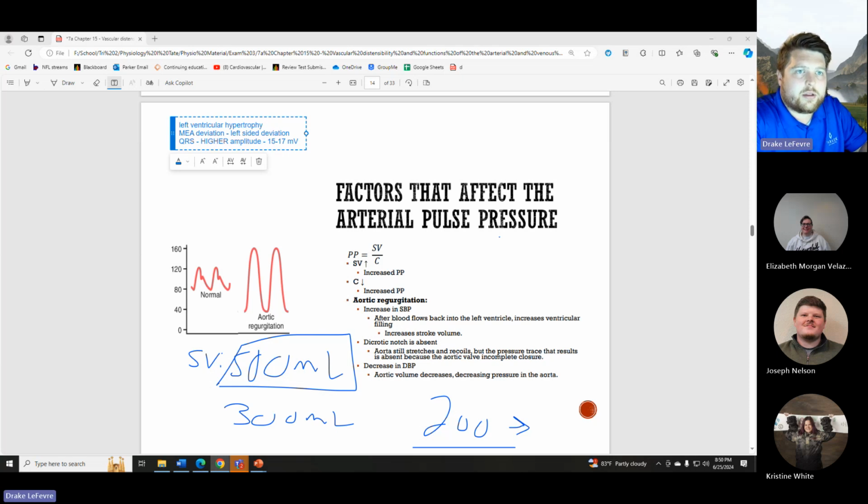How many little blocks is a normal R wave?